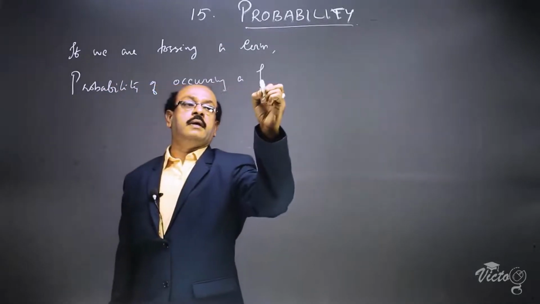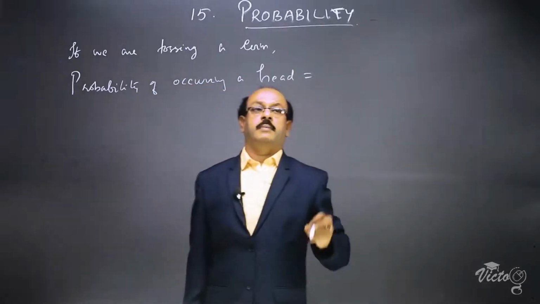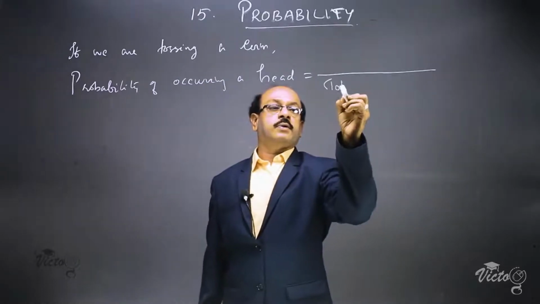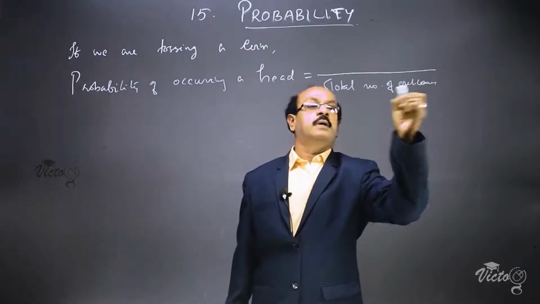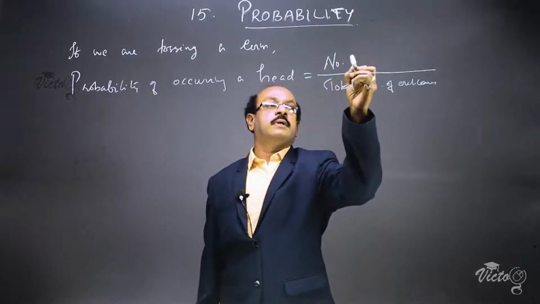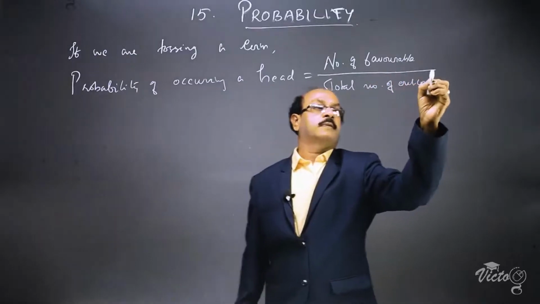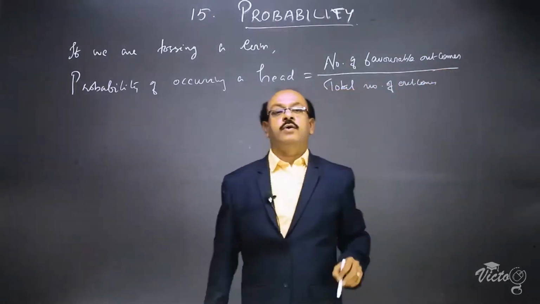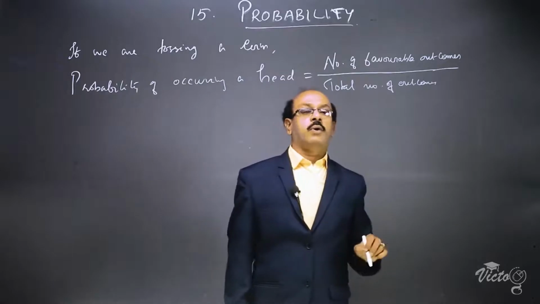There is a simple formula for the probability: total number of outcomes in the denominator, and in the numerator, the number of favorable outcomes. This is the formula. Probability of an event is equal to number of favorable outcomes divided by total number of outcomes.